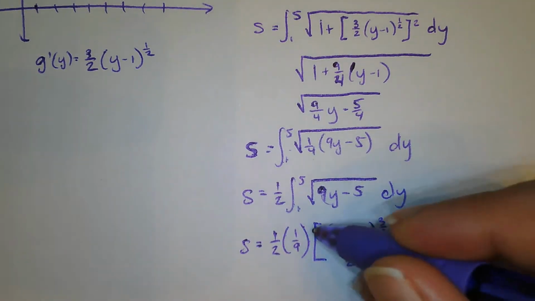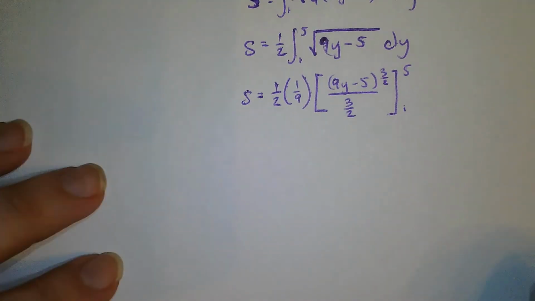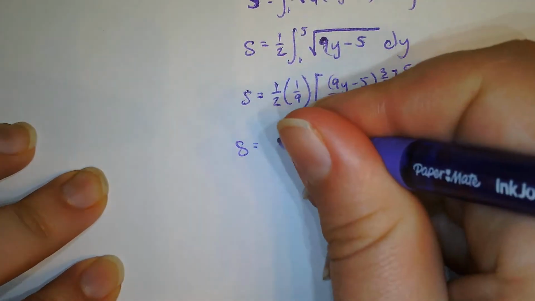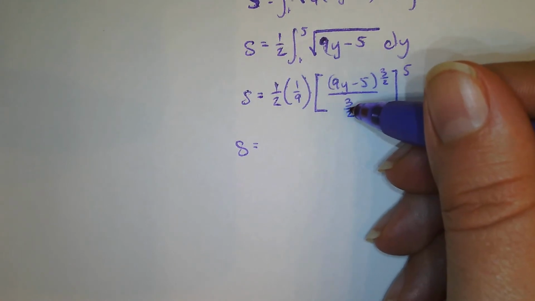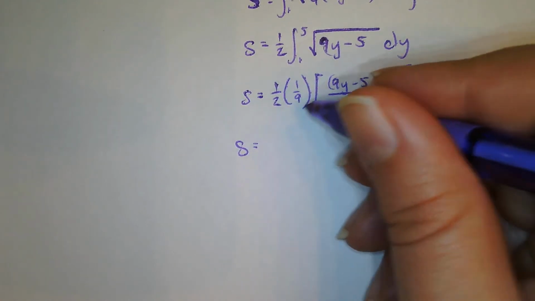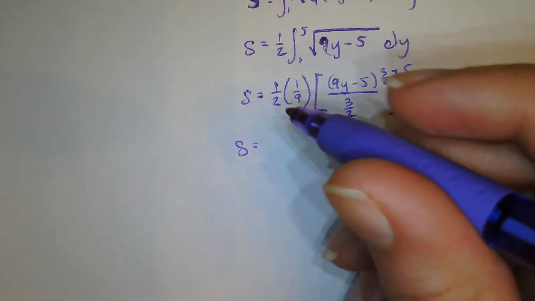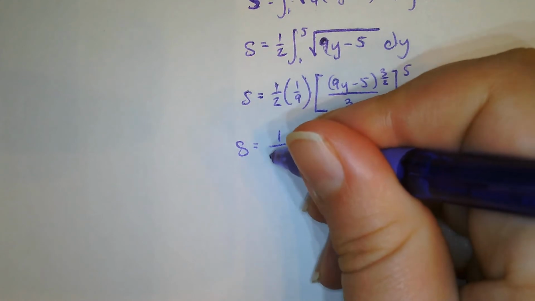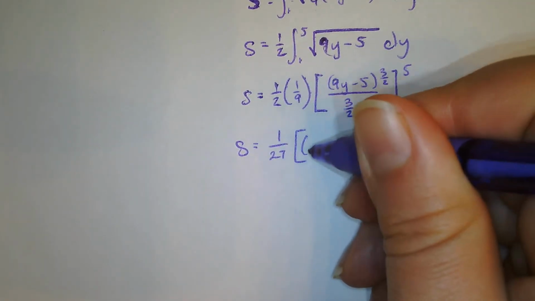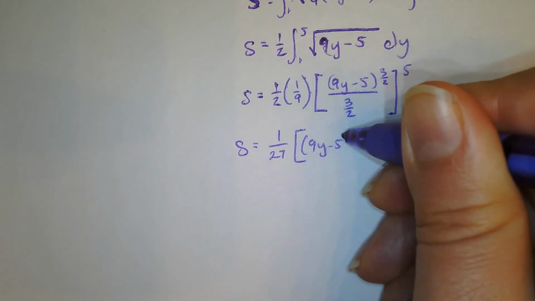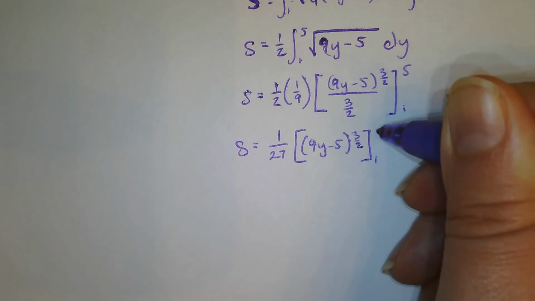And let's actually take this fraction and simplify this a bit more. So 1/18, reciprocal of 3/2 becomes 2/3. So 2/3 times 1/18 is 2/54, which reduces to 1/27. And then 9y minus 5 to the 3/2 on the interval from 1 to 5.